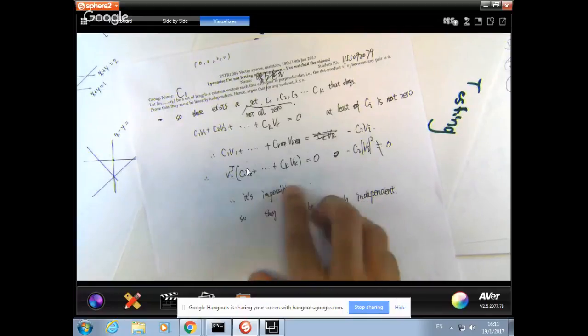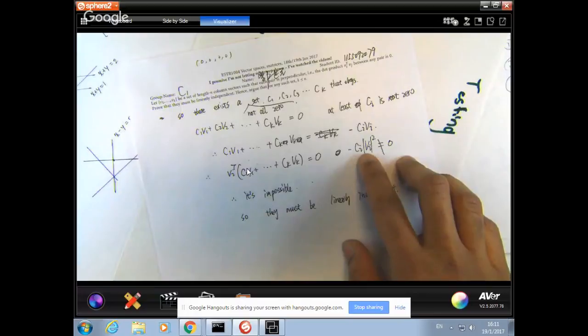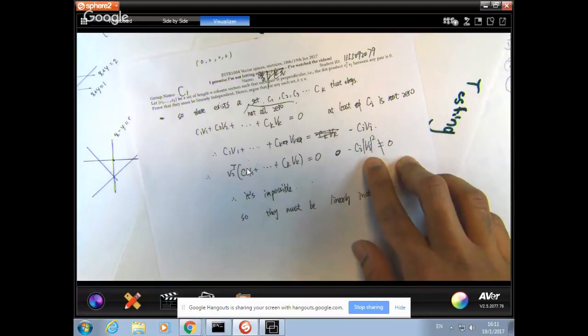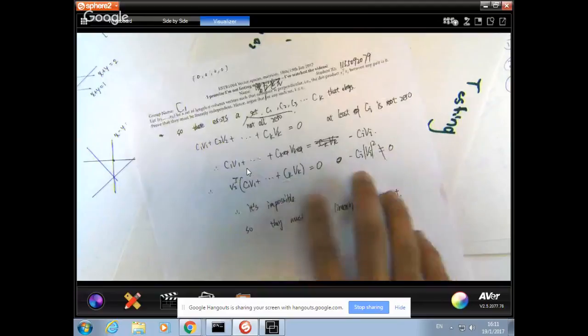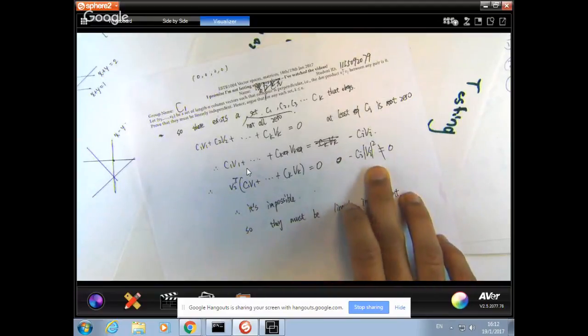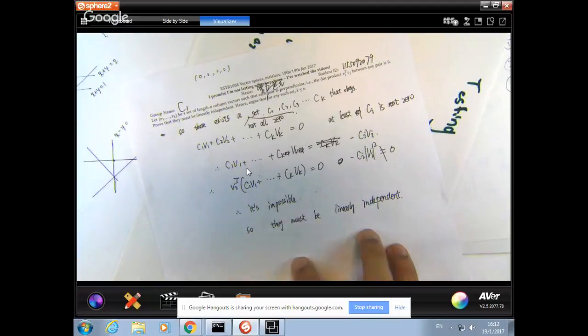So the left hand side becomes equal to 0. On the other hand, on the right hand side, we know that Ci is not equal to 0, and Vi transpose Vi, which is the squared length of Vi, is non-zero. So the left hand side is 0, but the right hand side is non-zero, from which you arrive at a contradiction. Therefore, they must be linearly independent.